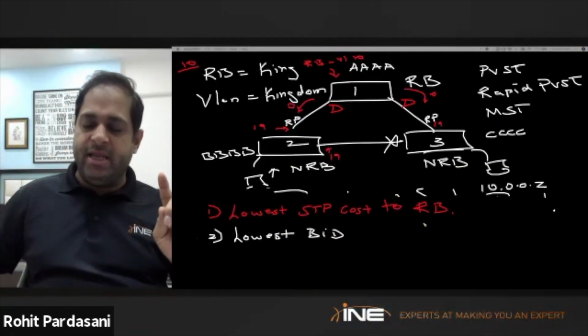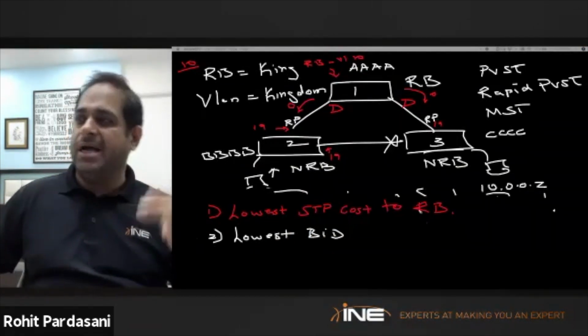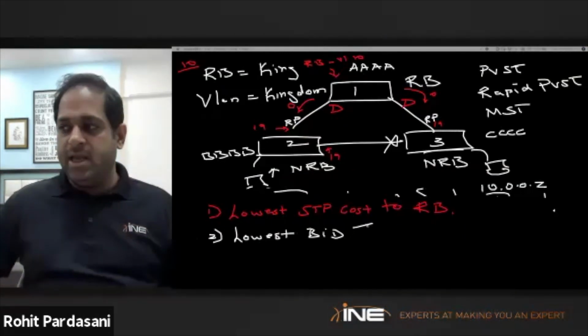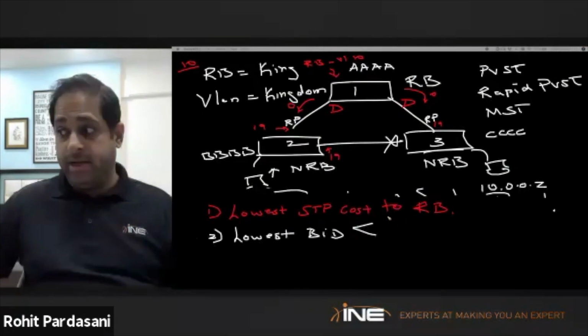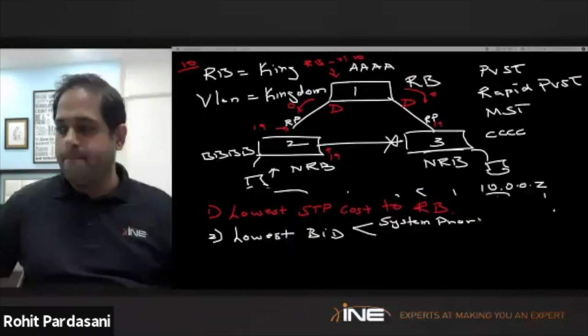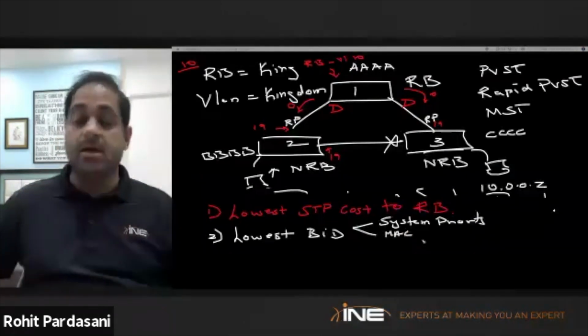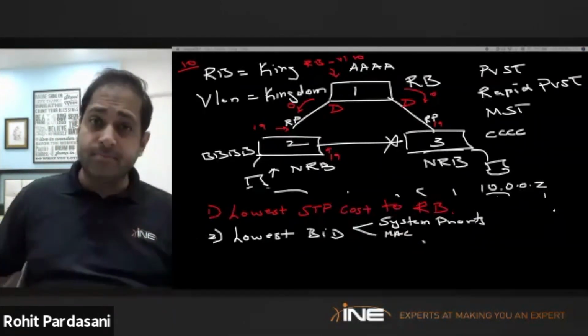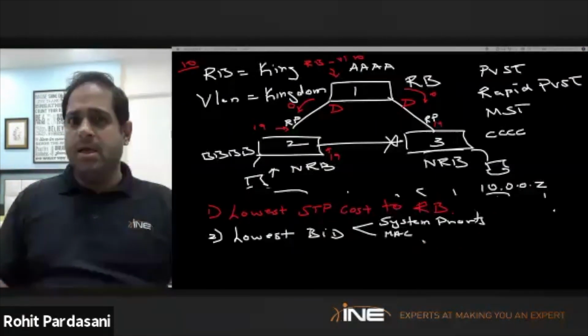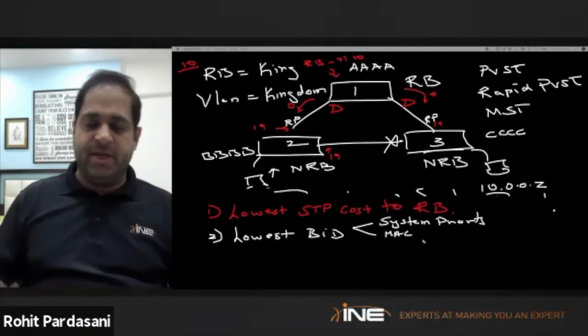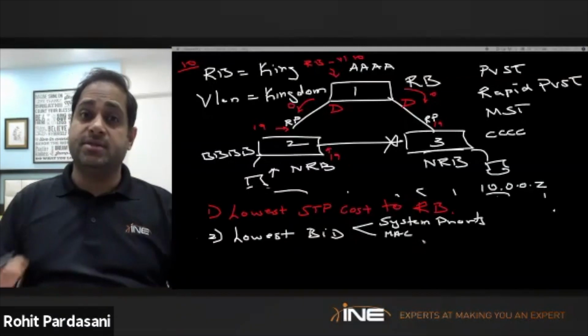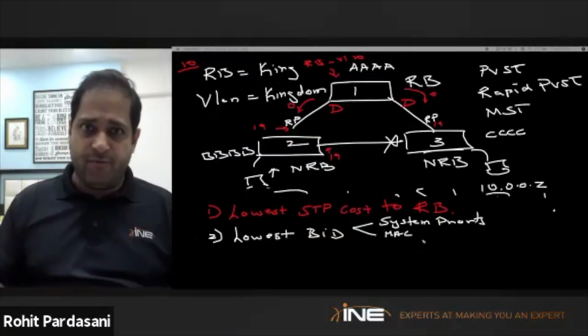Now, bridge ID consists of 2 parts. So in bridge ID, he would first compare the system priority. If that is the same, then he compares MAC address. Lowest wins. So bridge ID consists of the priority plus the MAC address, but he always gives preference to the system priority versus the MAC address.